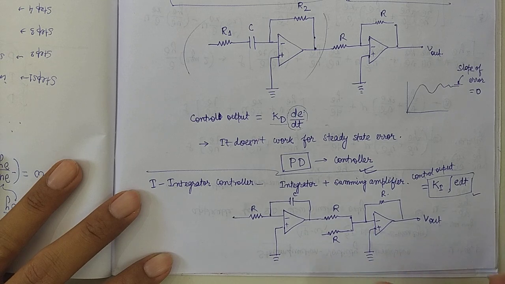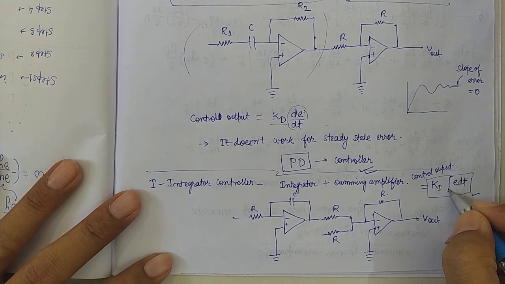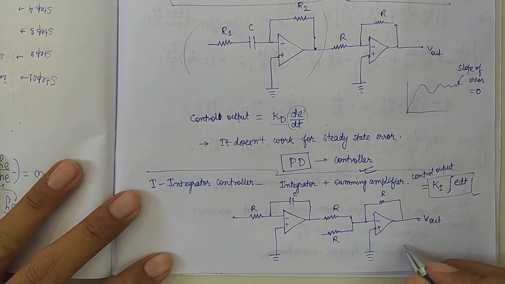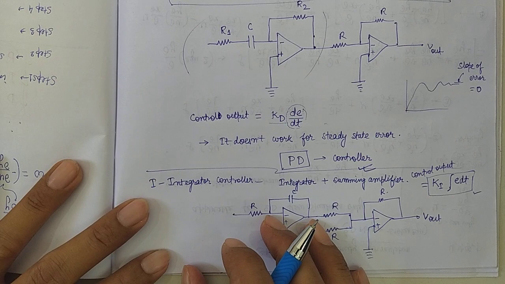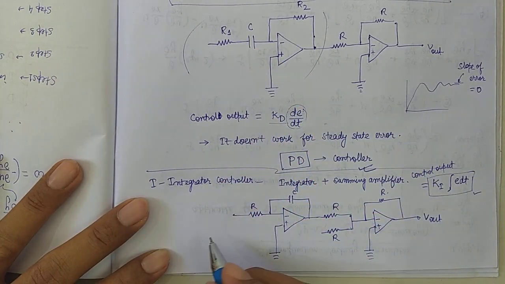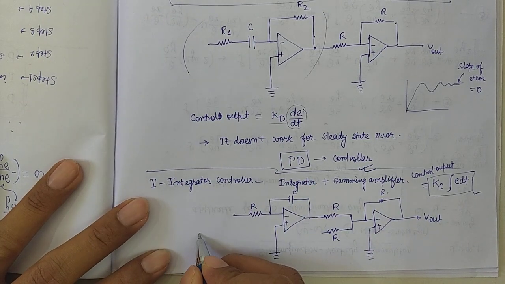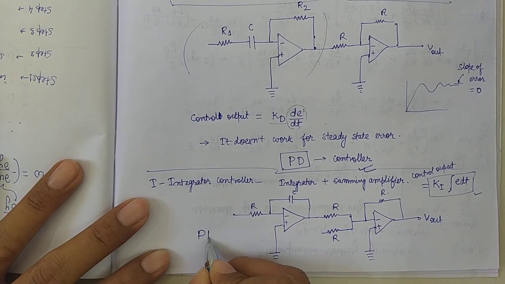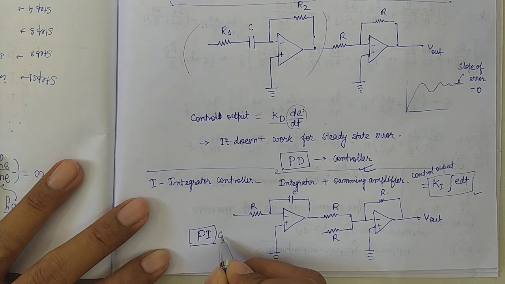And again, this is not used alone, we'll see in a while. Like D controllers, it is also not used alone. These I controllers are often used in combination with P controllers. So a new block called PI controller.